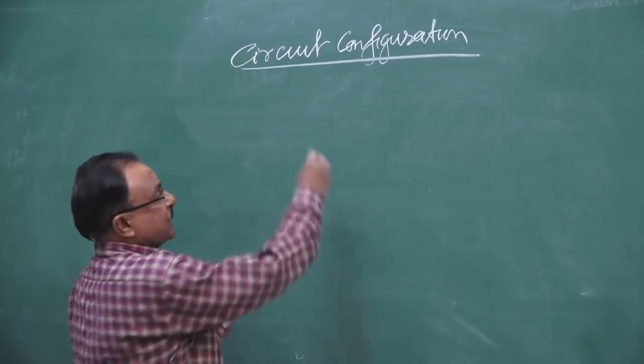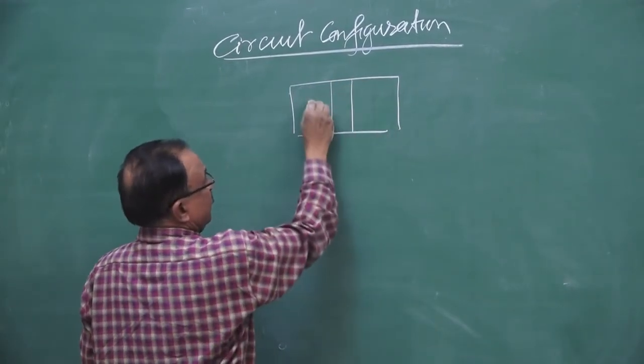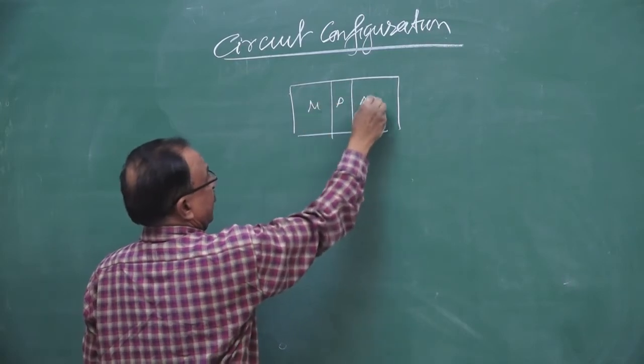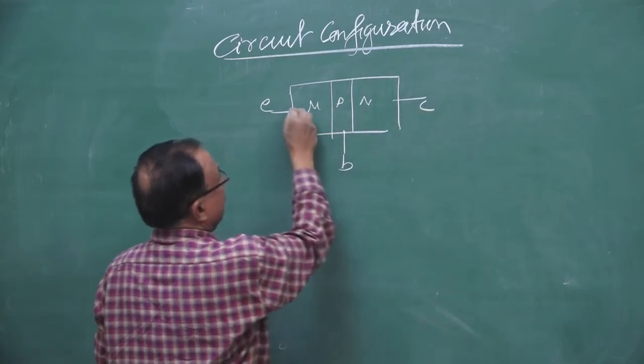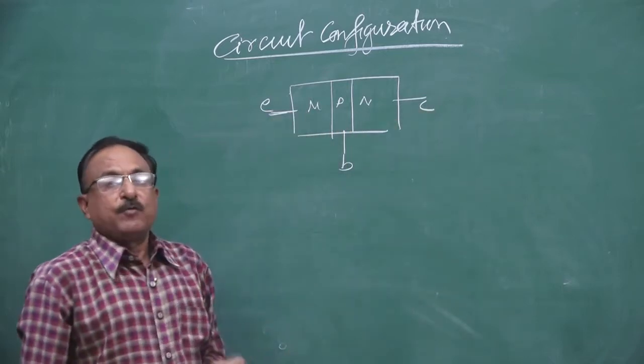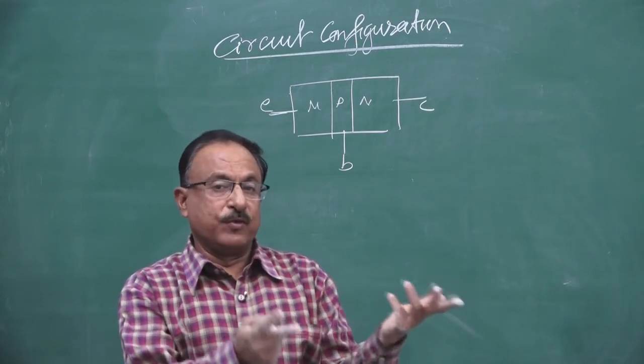I told you that a transistor is a 3-terminal device. Suppose we take the NPN: one is the emitter, one is the base, and another terminal is the collector. For any device to connect, we require 4 terminals, 2 for input and 2 for output.